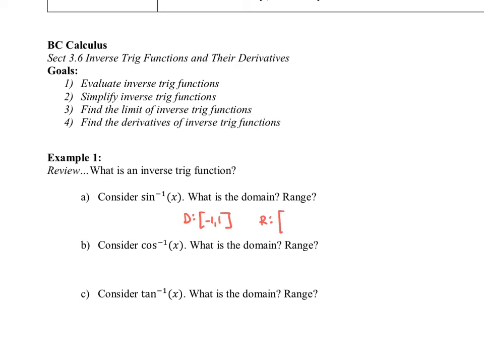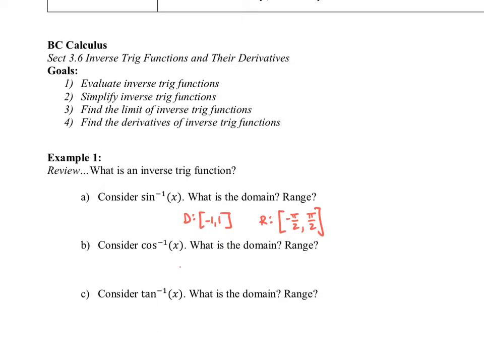And if you remember, and we talked about this in AB last year as well, that range is -pi/2 to pi/2. So when you have inverse sine of x, the output of that is an angle, and that angle can only be between -pi/2 and pi/2, and there is only one answer. With inverse trig, you cannot get multiple answers.